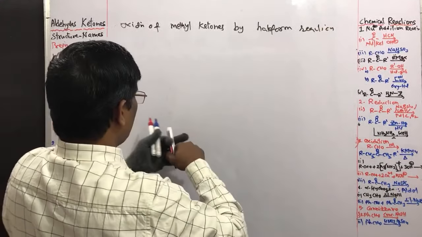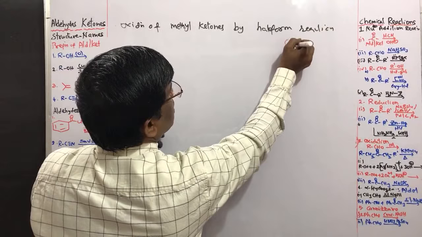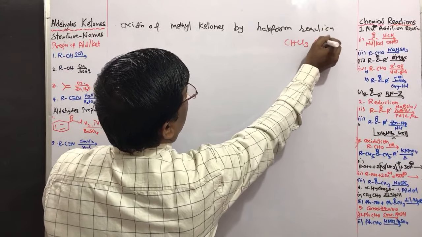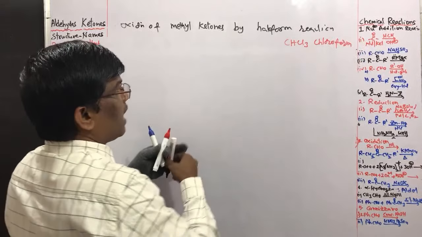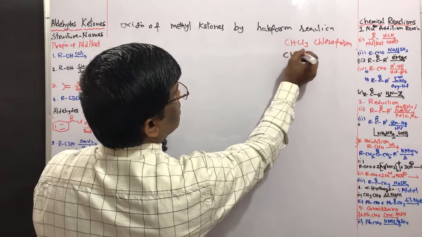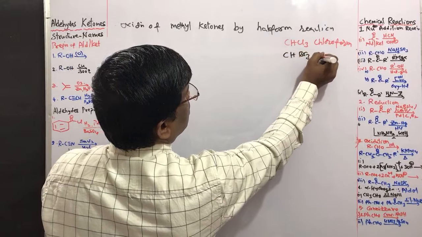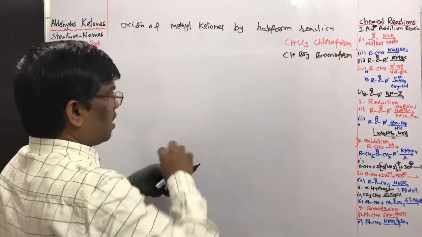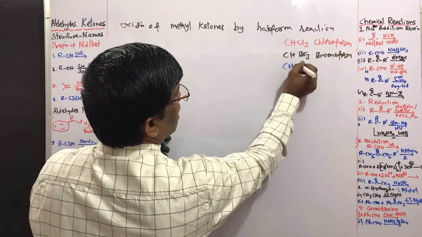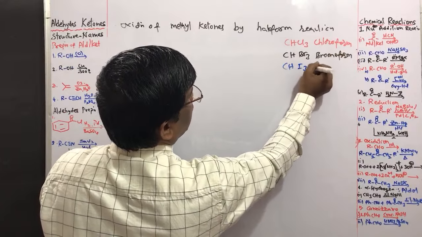What is the formula of chloroform? CHCl3, it is chloroform. And if it is CHBr3, bromoform. If it is CHI3, iodoform.